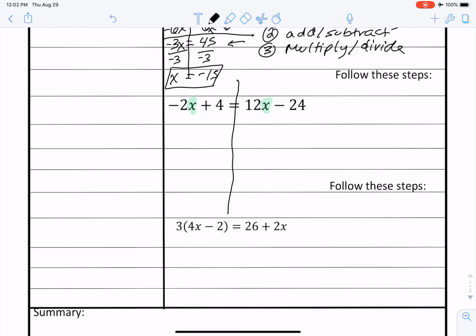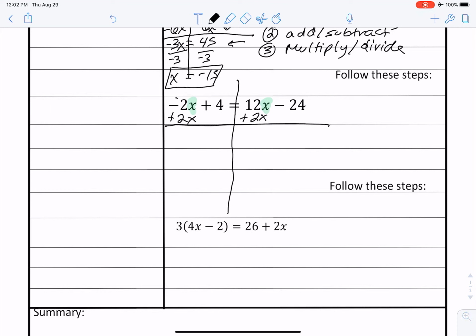So it really doesn't matter if I move the 2x or if I move the 12x. It's really preference. So I'm going to move the 2x to the right because I'm going to keep my numbers positive. So I'm going to add 2x to this side on the left and the right.